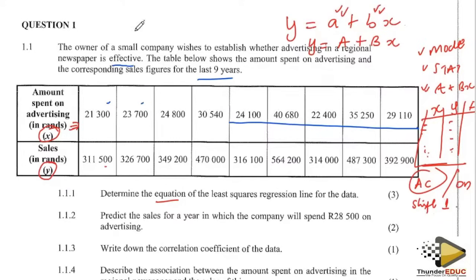and rewrite our equation. Okay, so when I do that, I enter my values, X and Y. Okay, I press the clear all button.